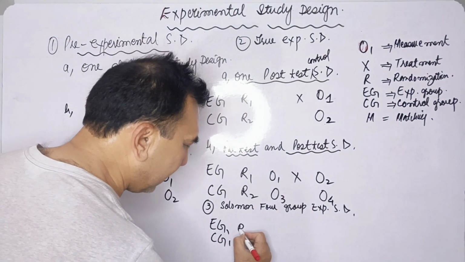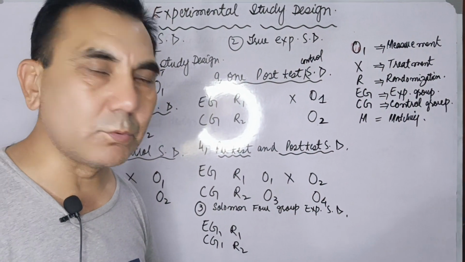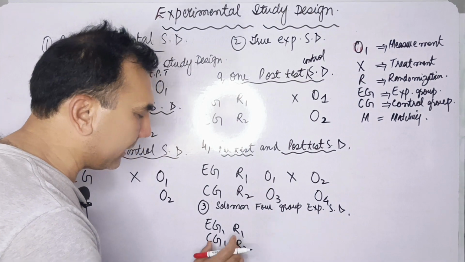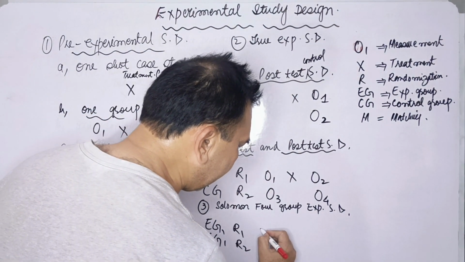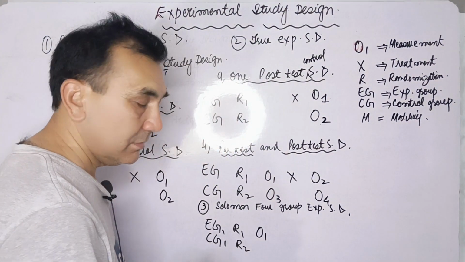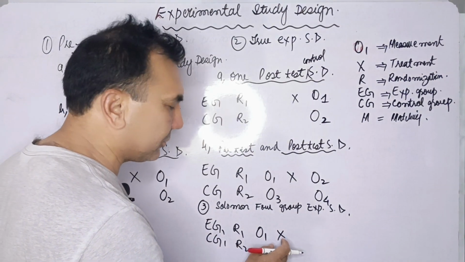The researcher randomly assigns both groups, the experimental group and the control group. In the first group, he will conduct the pre-test and then expose the first experimental group to a treatment.